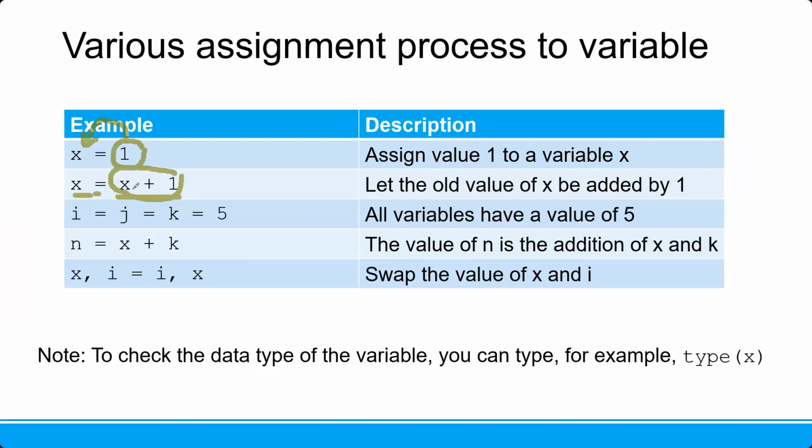Why are there two x variables here? It means that the new variable equals the old variable. Old variable means what you already defined for x before. So I know that x equals to 1, and then it is 1 plus 1. So it will save x equal to 2.